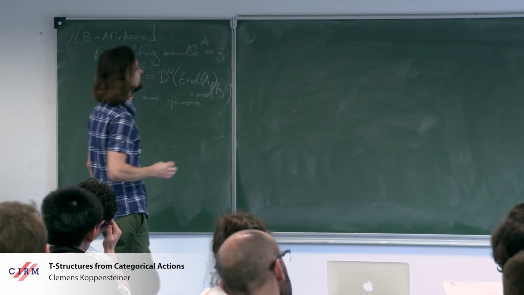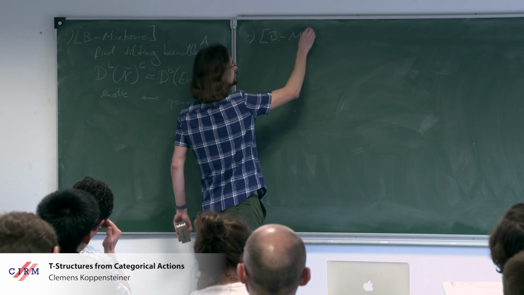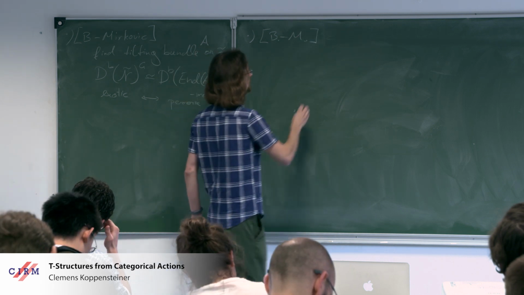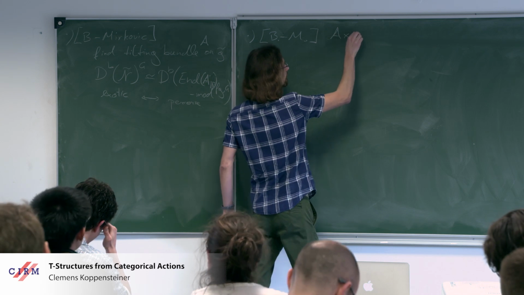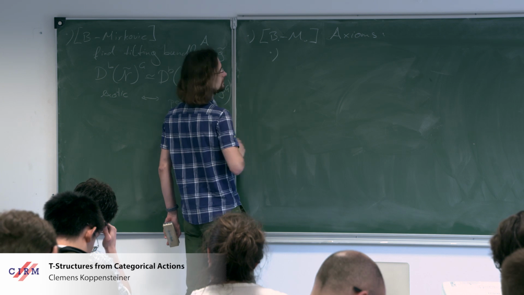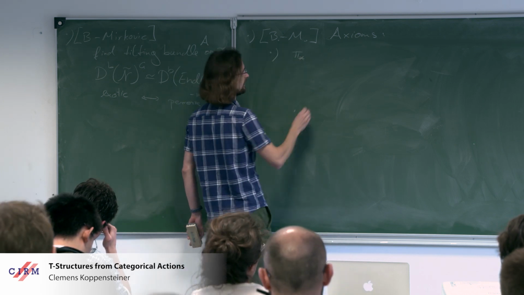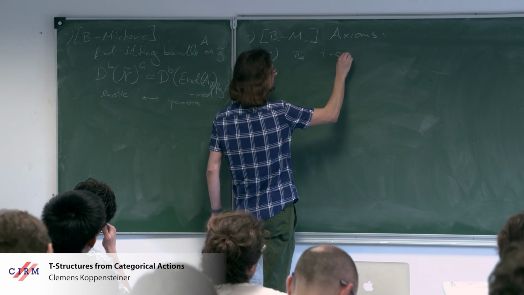And the final definition that's in the same paper is not a construction, but just an axiomatic definition, which has three axioms. The first thing is, what I said earlier, pi star should be t-exact.